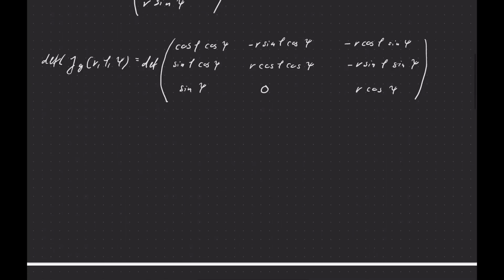And now to compute the determinant, we are going to expand with respect to the third row, because there's a 0 in that third row, so that hopefully makes things a little more convenient. The first term is minus 1 to the power of the row number, which is 3, plus the column number, which is 1, so 3 plus 1. Then we have this element sine psi here.